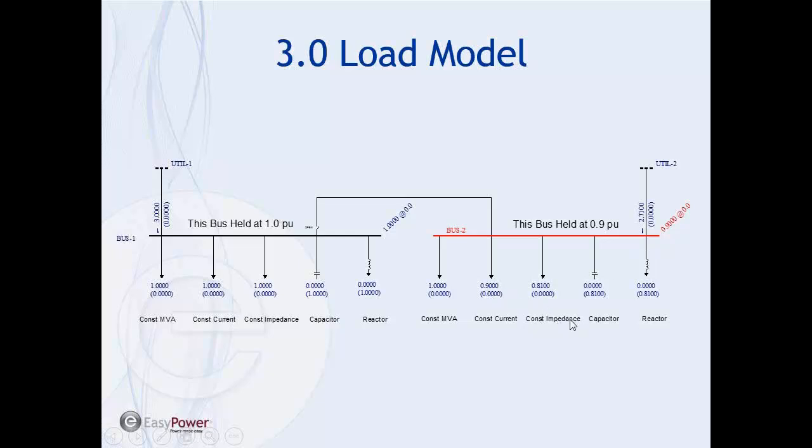The constant impedance load has a squared effect with voltage. You take 0.9, you square it, you get 0.81. I did this conveniently, I made this 1 times 0.81 to get 0.81, so that we could see it very easily. And what else do we see? That both capacitors and reactors are constant impedance loads. Interesting.